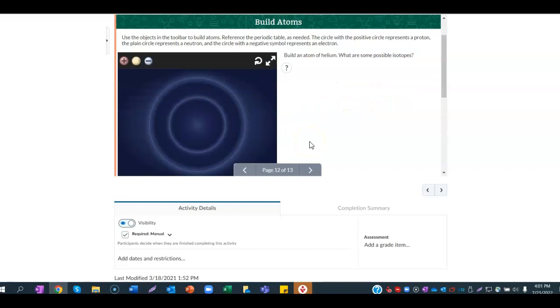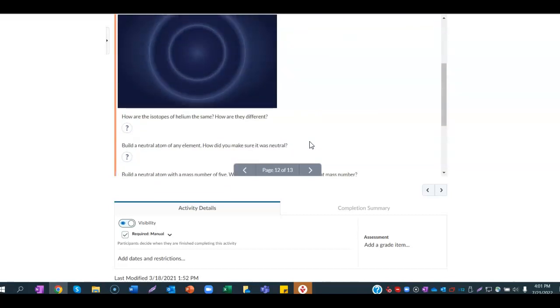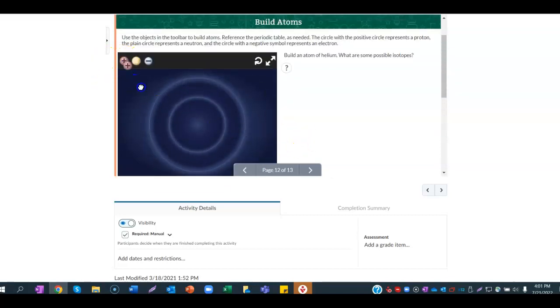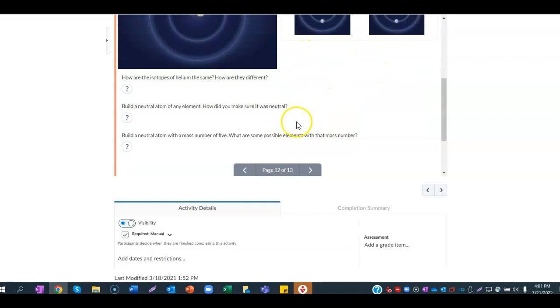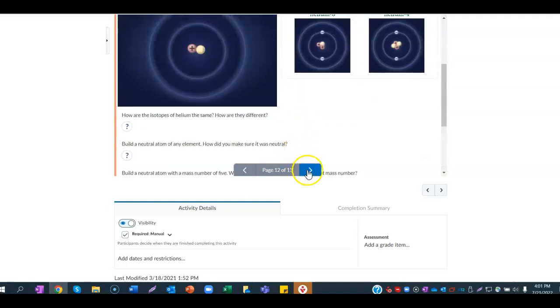So you're able to go through and do that. Remember, these are going to go around like this. So this shows you helium-3, helium-4. Just some examples of how to do it and making sure that you can build those.